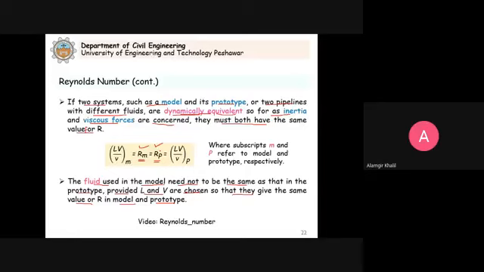So an important concept here is that when we consider the Reynolds number to be significant and we consider dynamic similarity between the two, you must use your basic knowledge to decide whether the Reynolds number is significant for the given fluid mechanics problem or not.